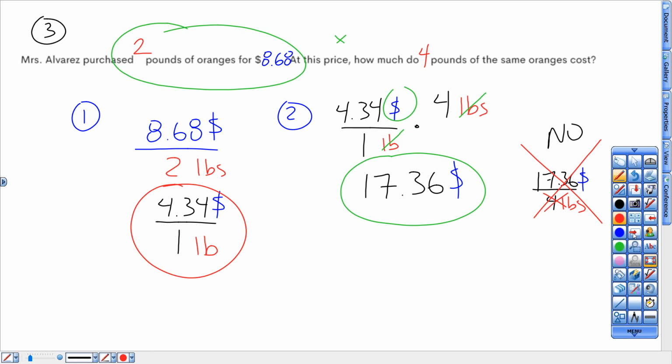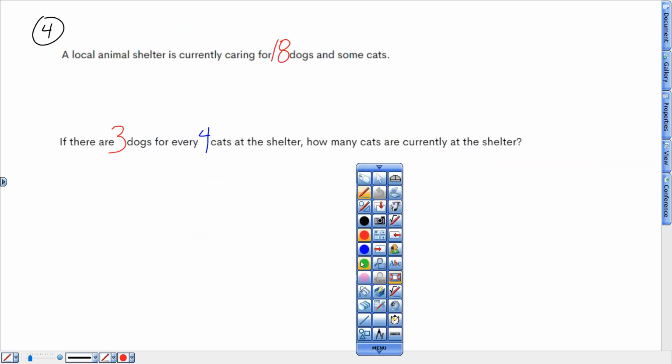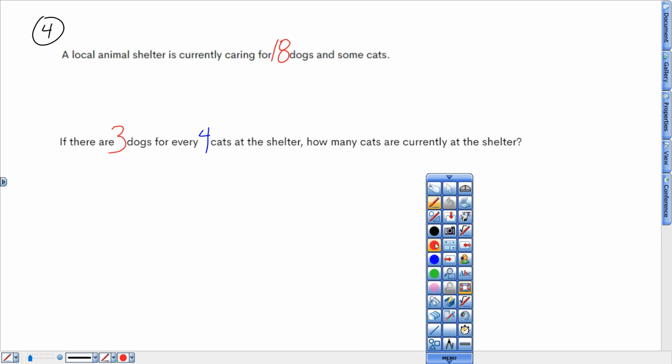Here we go. Next problem, number 4. 18 dogs and some cats. Trying to find out cats. So here we go. The way I'm going to do this, I'm going to put the 18 on top, the way it's set up. I have an unknown number of cats right here that I'm trying to find, next to this 18. The bottom ratio is 3 to 4.